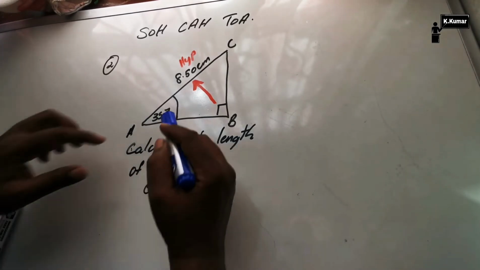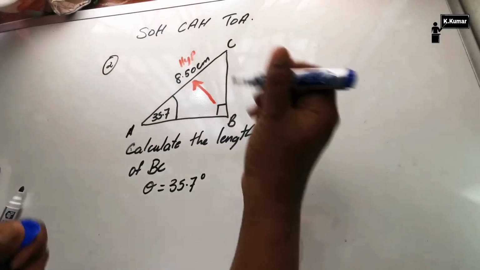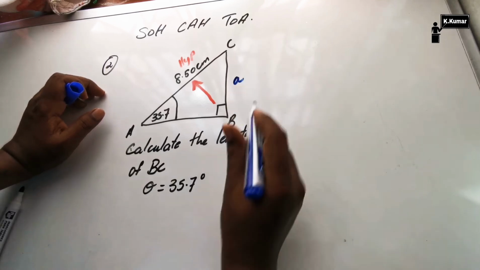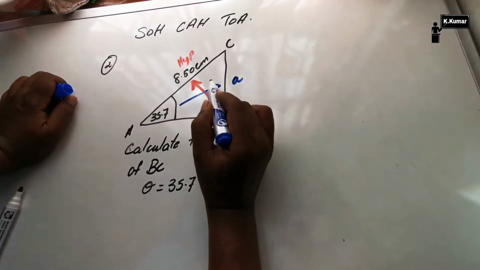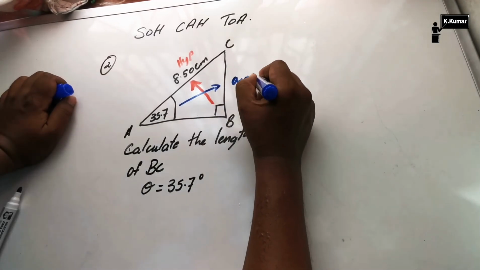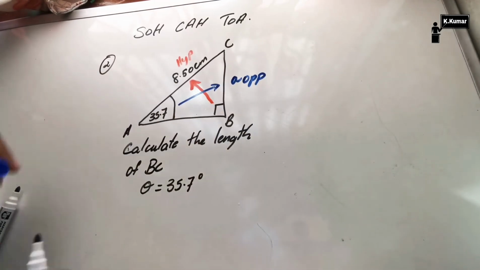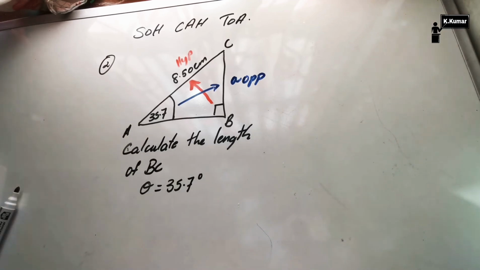Since we're working with this angle, and we have to find this side, let's call it A, this side becomes our opposite side, because it is opposite the angle we're working with.